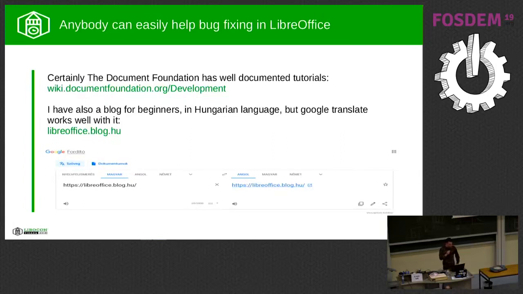If you Google for LibreOffice development, you will easily find it. And of course, you can go to my blog, libreoffice.blog.hu, and you can use Google Translate to translate it from Hungarian, and the translation is quite good, I guess.